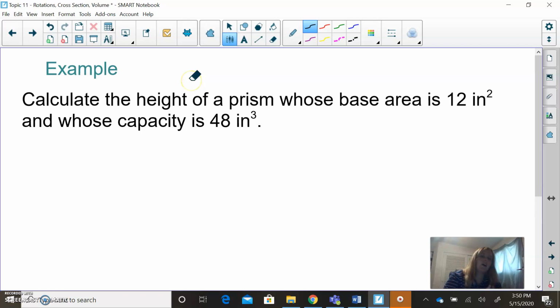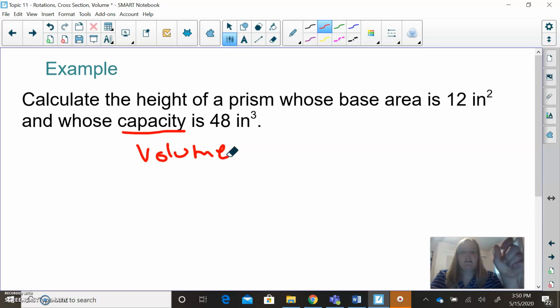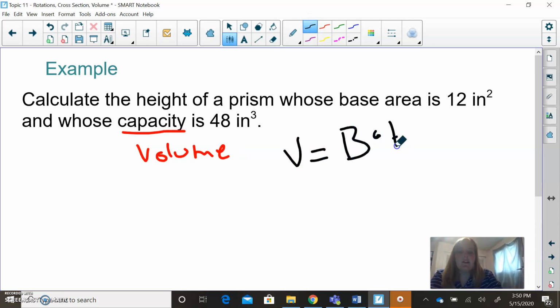So, calculate the height of a prism whose base area is 12 inches squared and whose capacity, and capacity means volume, is 48 inches cubed. Okay, so remember, volume equals big base times the height. And our base area, right?